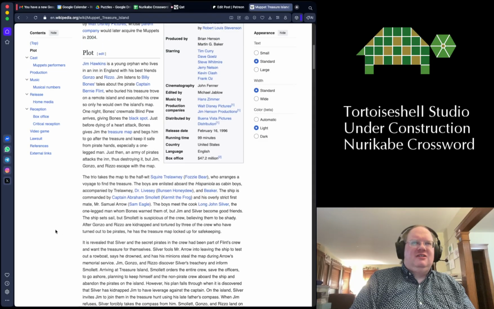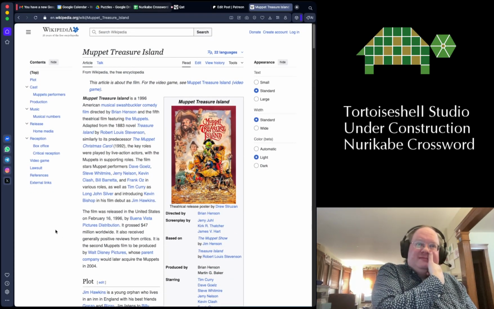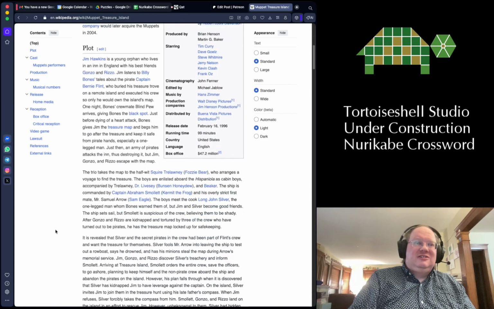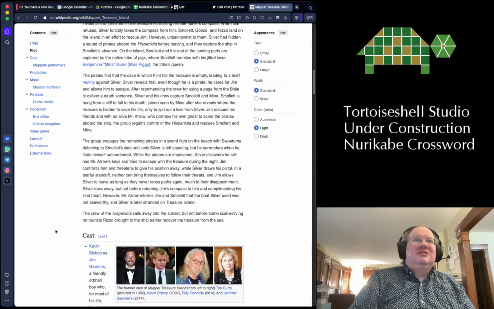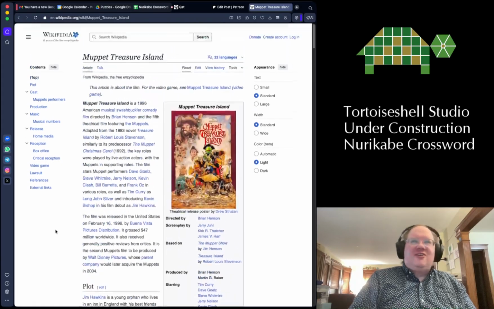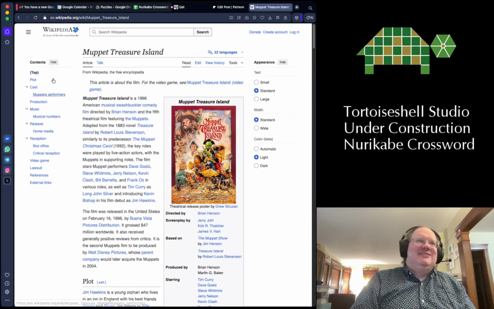It's the right length. Sorry, I got distracted reading about the plot of Muppet Treasure Island.